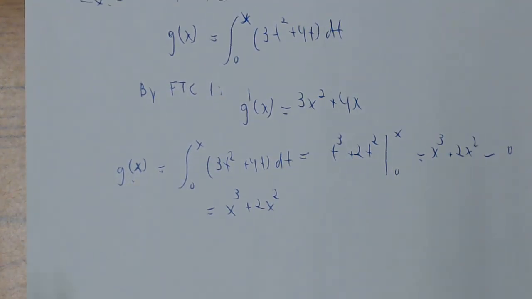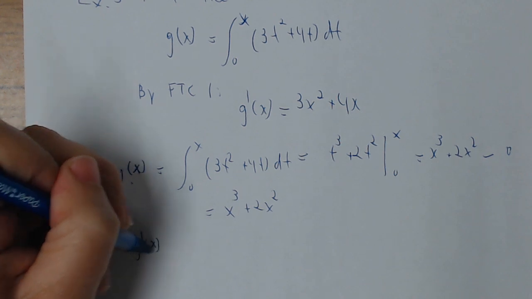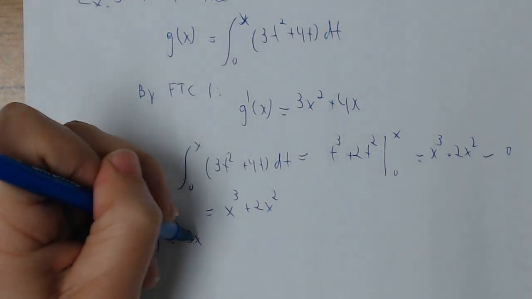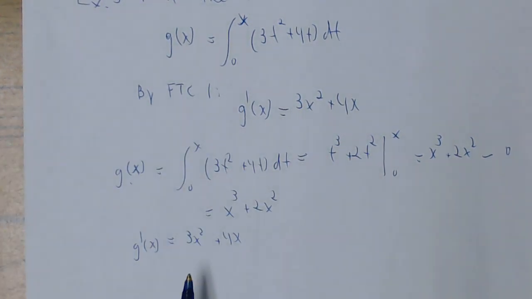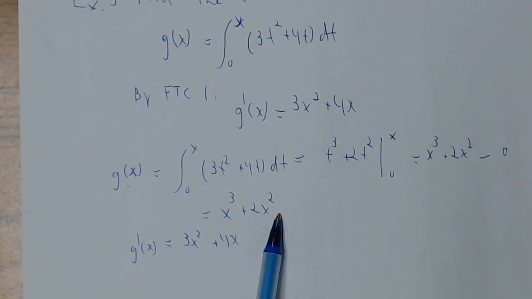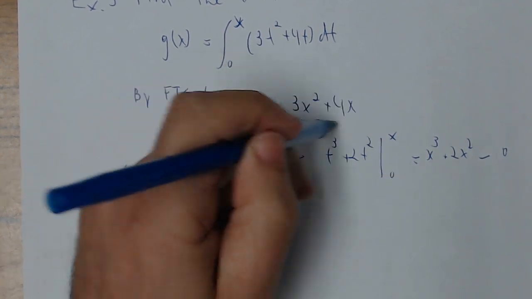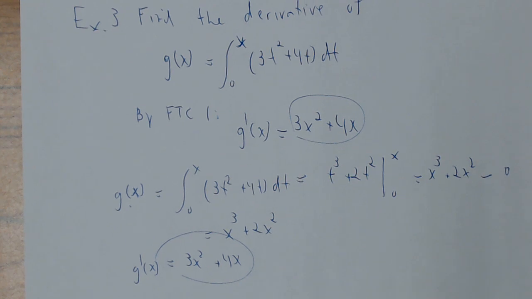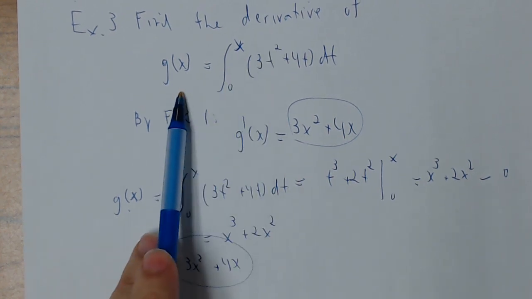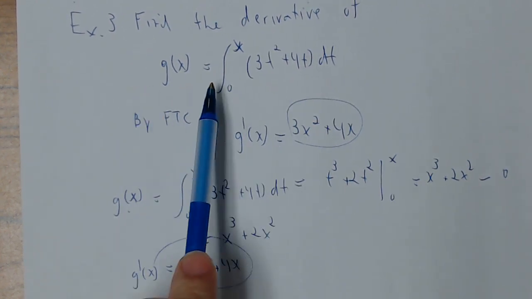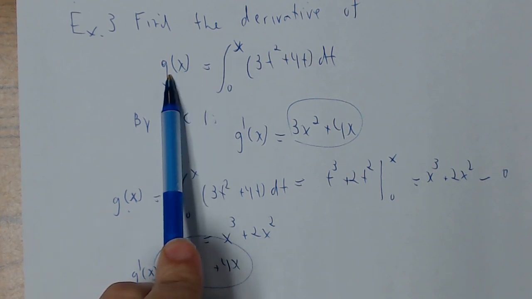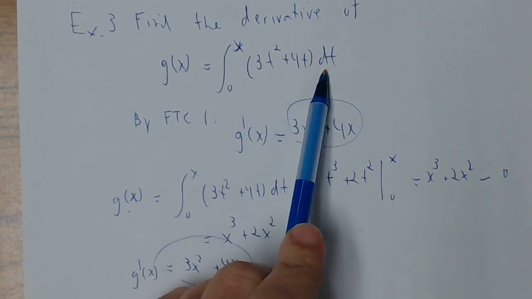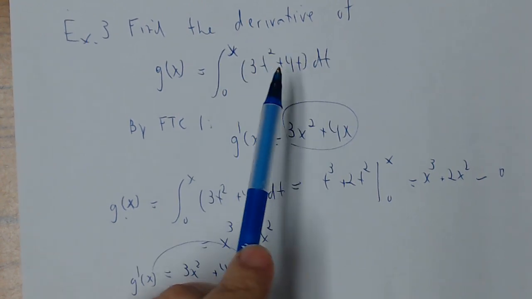And then what we're saying, okay, well, this is what g is. Now, g prime of x is what? 3x squared plus 4x, which notice, if g is x cubed plus 2x squared, g prime is 3x squared plus 4x, which is basically what we had here. Now, I just did more work than I really needed to, because when I said find the derivative of this guy, it would just be the derivative of the antiderivative of this, which takes me back to this.